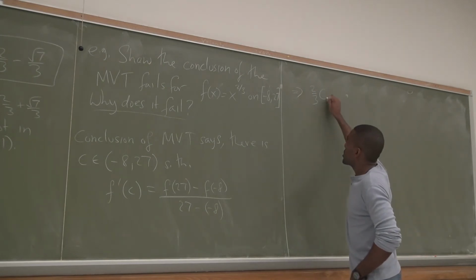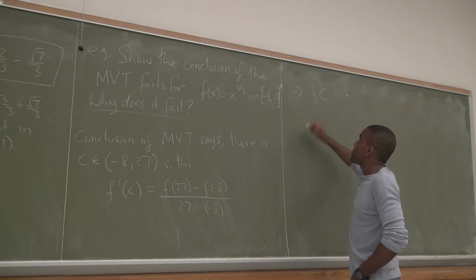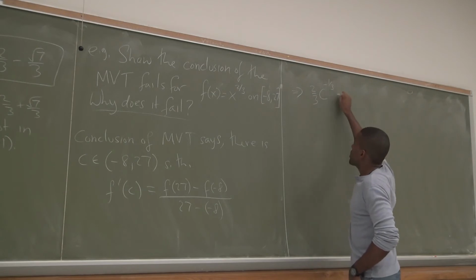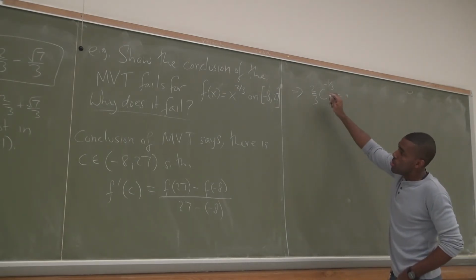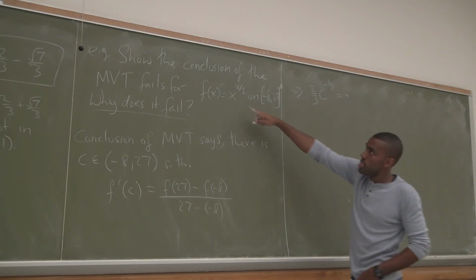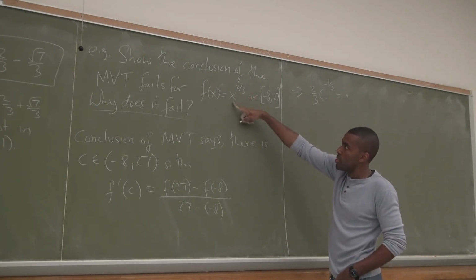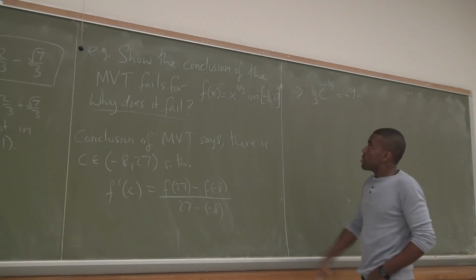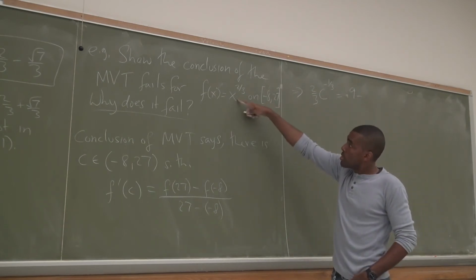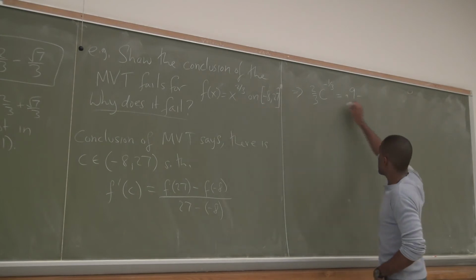2/3 c to the minus 1/3. See, that makes a problem. That should be equal to f of 27. Plug in 27 here, cube root of 27 is 3, square that, you get 9. Plug in minus 8, cube root of minus 8 is minus 2, square that, you get 4.